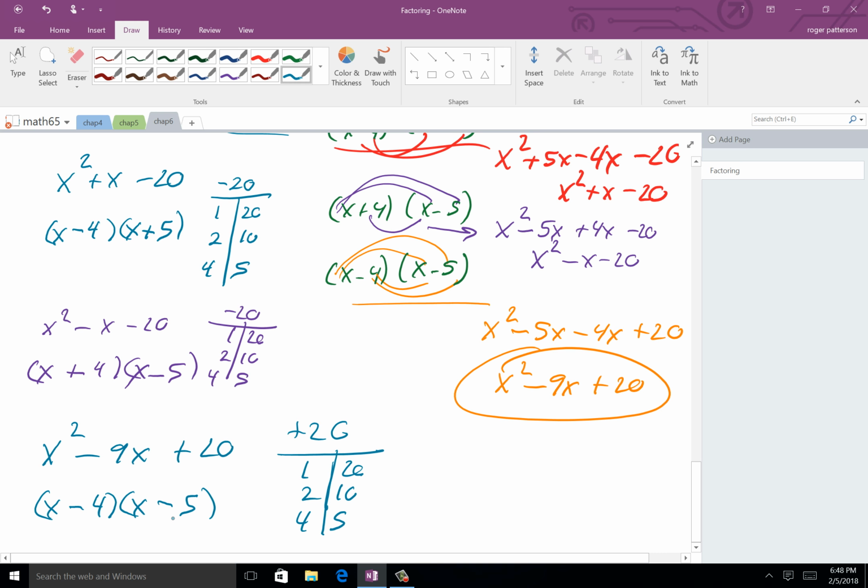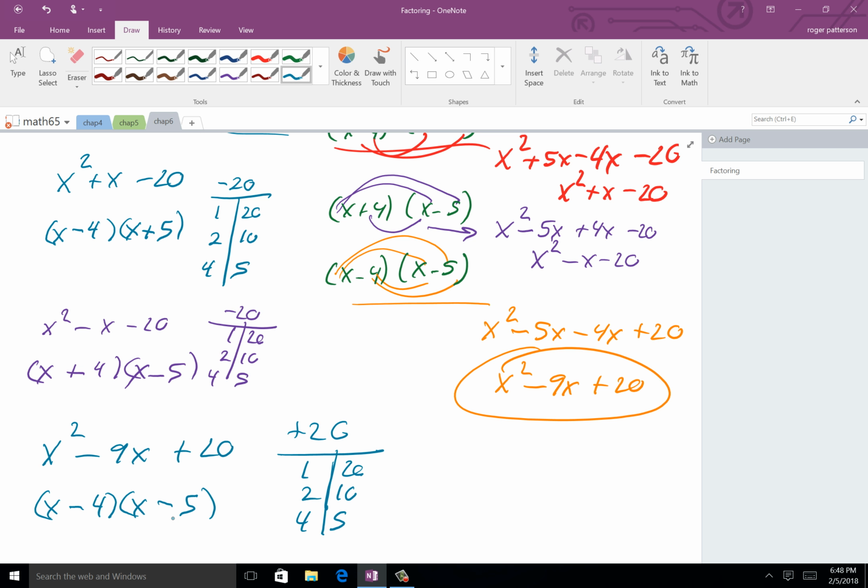So this whole factoring trinomial thing comes from FOILing: the factors of this number are either going to add or subtract to this number, whatever's there. That's the whole idea, for every single one.